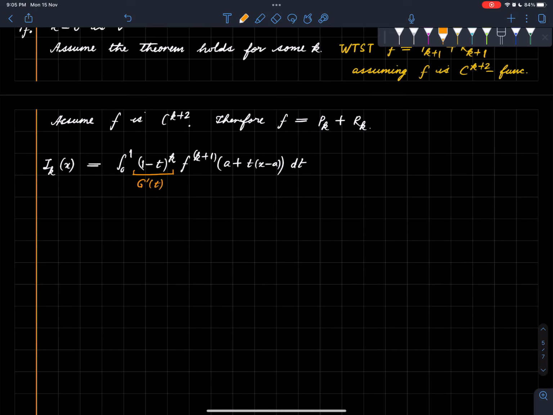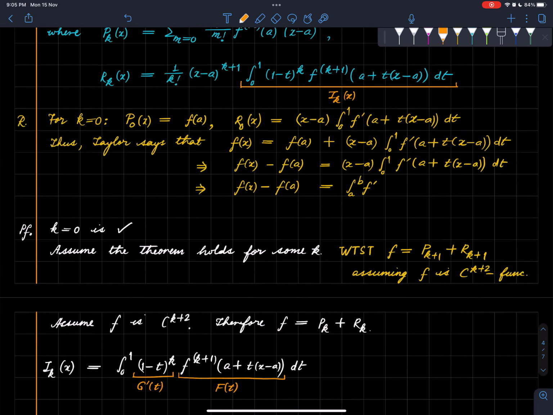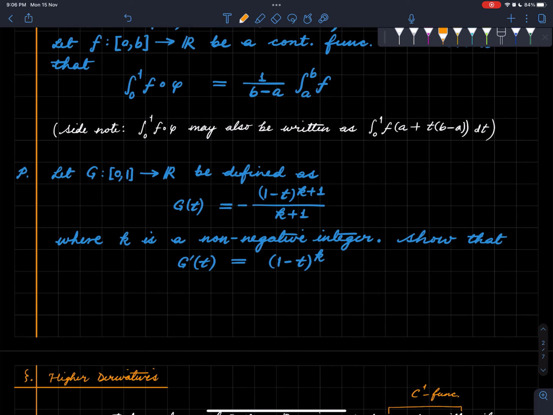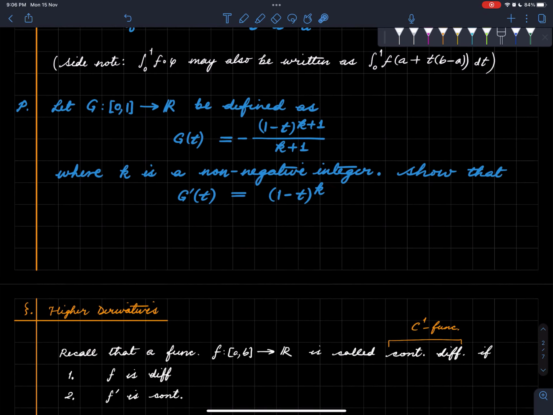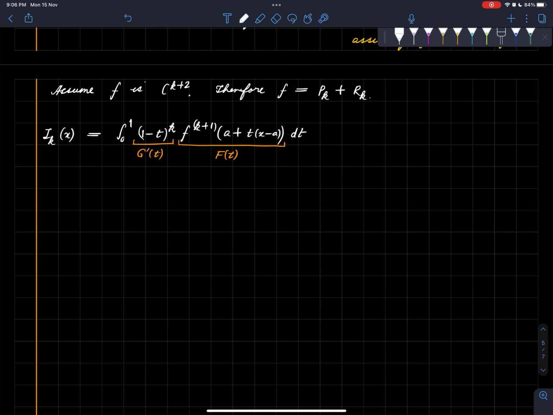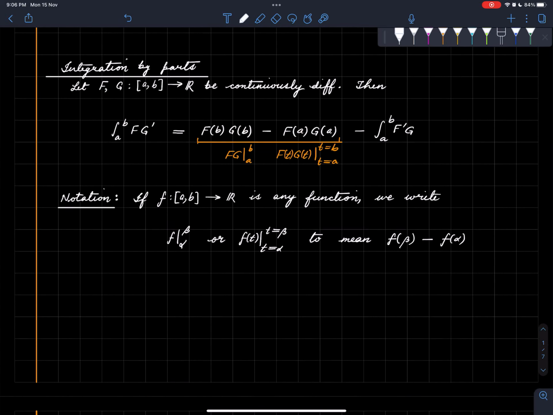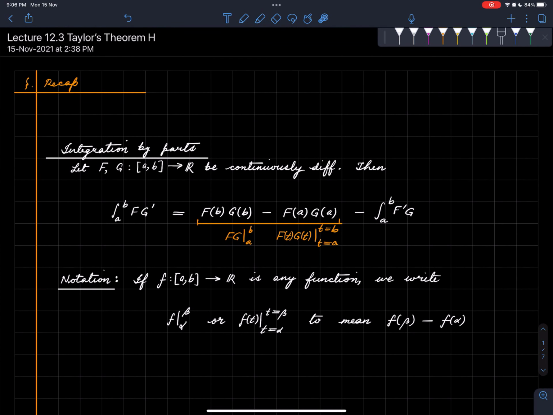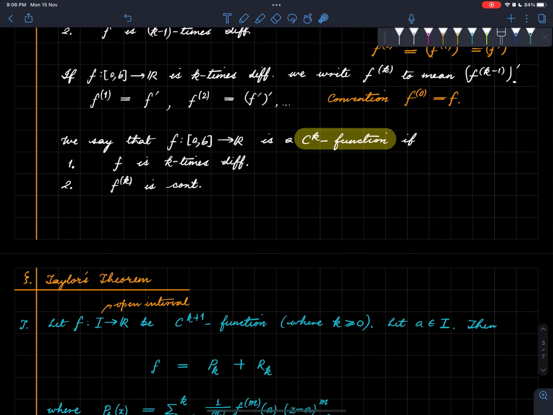So g is such that this is g prime of t and this is f of t. Now look at the second problem. If I fix my g prime of t to be that, then g of t has to be this. So fine, we apply by parts with the notation that we recalled. In this notation, we apply by parts.